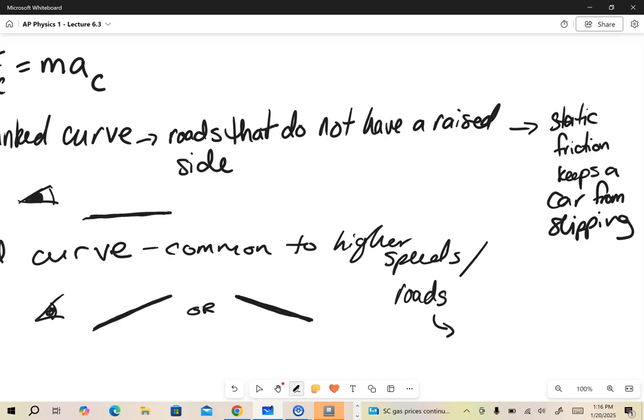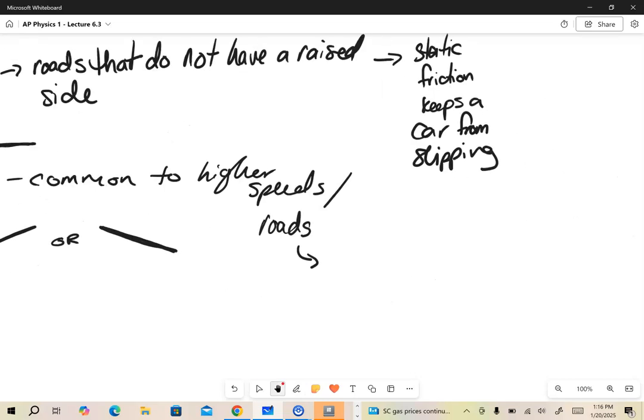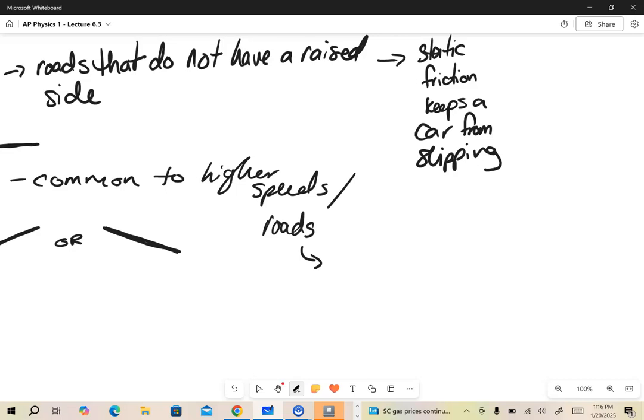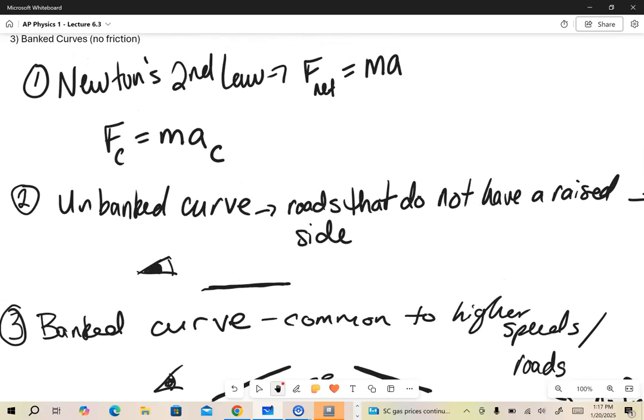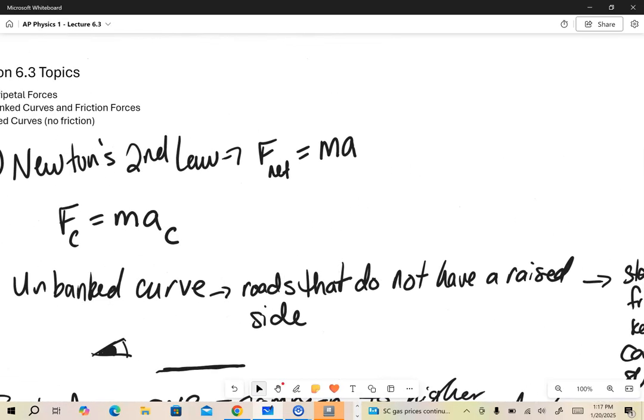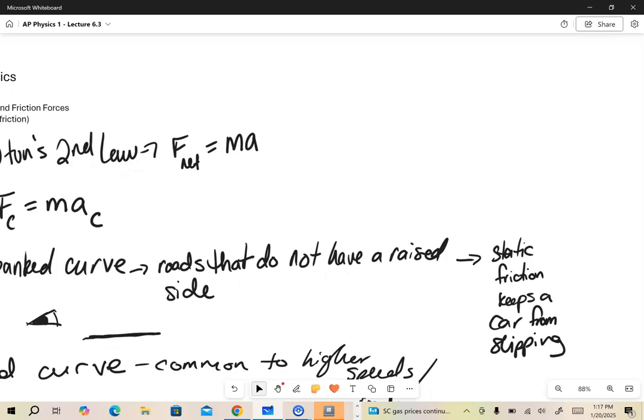For a banked curve, in fact, we can make an assumption that there is no friction. We'll talk about how to do this in a second. First, I want to go over some examples with Newton's second law in an unbanked curve. Give me one second to zoom out.